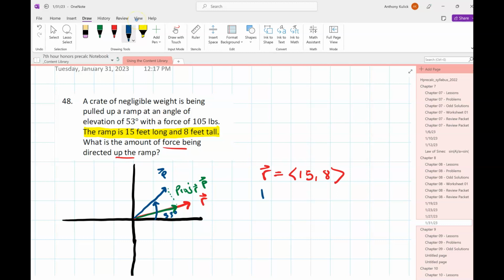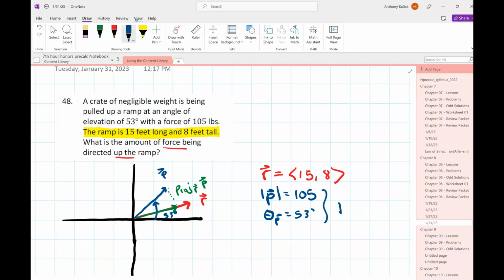The pull vector, we're told the magnitude for the pull vector is 105, because that's the amount of force that pull vector contains. And the angle for that pull vector is 53 degrees.